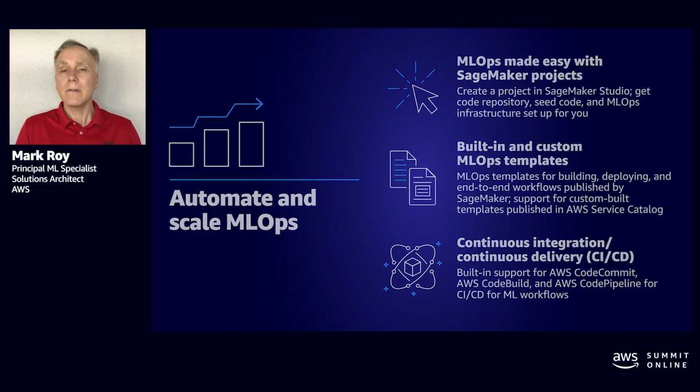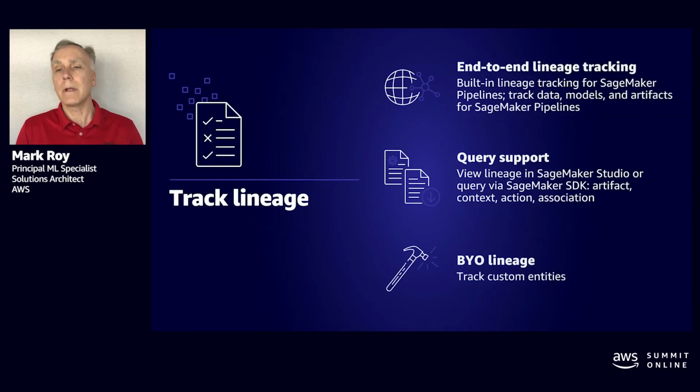The last challenge that gets addressed with pipelines, I'll hit really quickly, and that is lineage. So when you define and execute SageMaker pipelines, you automatically get end-to-end lineage tracking so that you know where the data came from, all of the hyperparameters that were used for training, any inputs that were used for the data pre-processing, the model evaluation steps and metrics, where the model artifacts went to, and so forth.